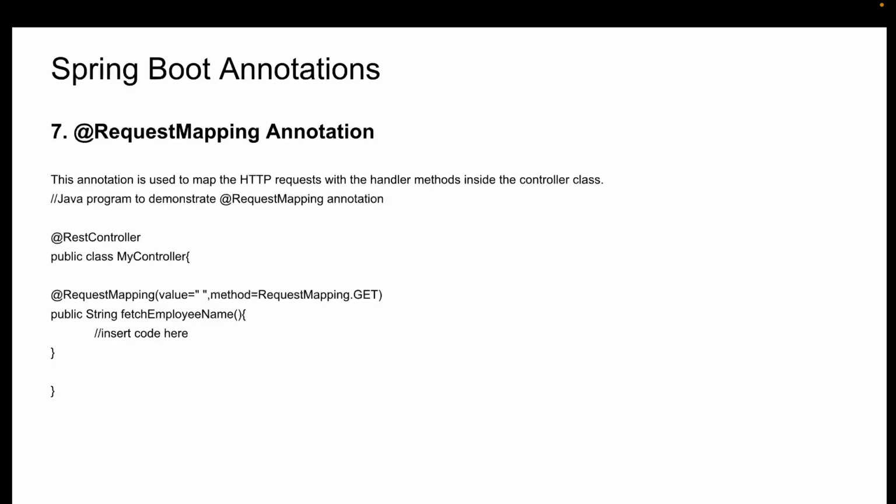See this method, public String fetchEmployeeName, meaning we have some code written here which returns the name. Let's say we are returning the name from this particular method. See this class here. What we are doing is annotating the class with @RestController.